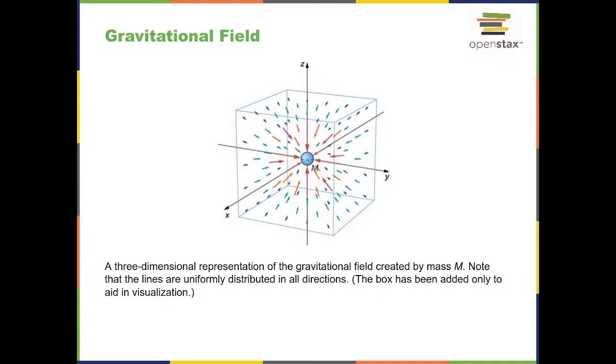And often it's visualized by drawing these kind of vector field diagrams. So this is a three-dimensional representation of what the force would be anywhere in space if you were to put a mass there. So if I were to put a mass at this particular point here, the force would point along that arrow. If I were to put a mass at a point closer to the central mass, then the force would be larger.